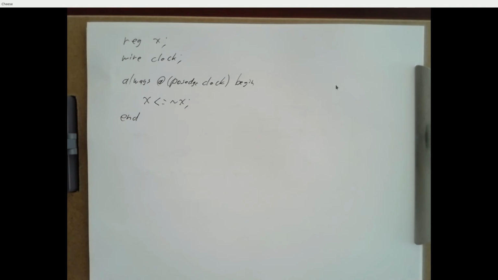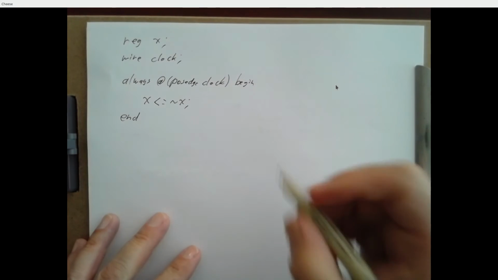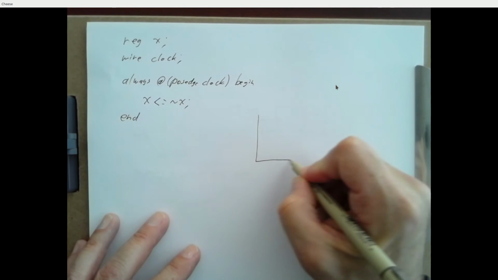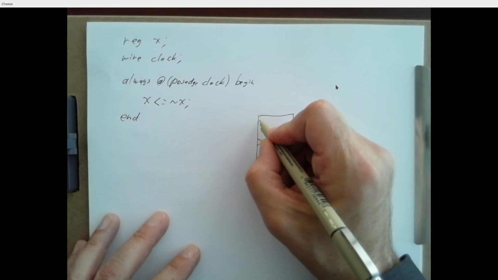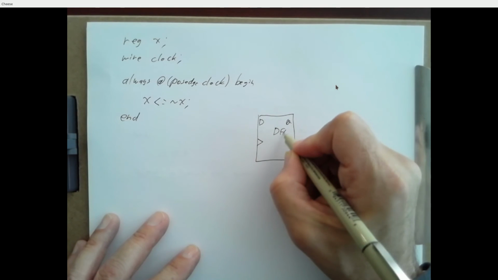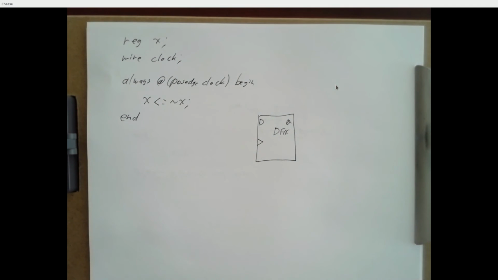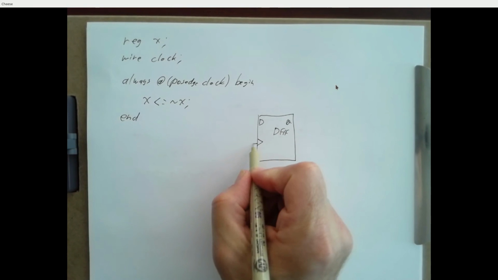So what could this look like in hardware? There's no semicolon after begin? No, don't ask me why. Or after end. So we're going to have a D flip-flop. So what drives this input right here?